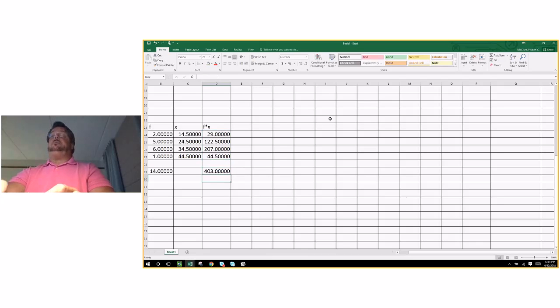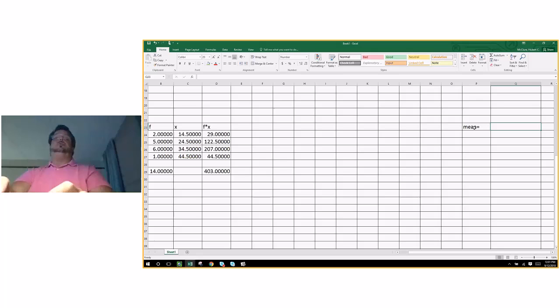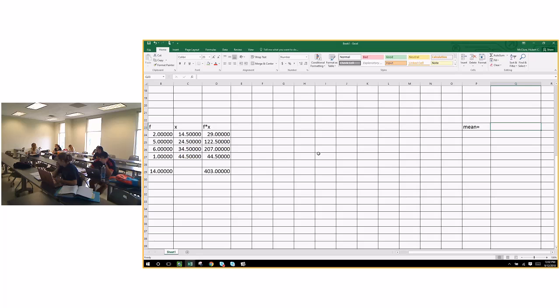So I'm going to go over here and say the mean is equal to what over what? That means I want y'all to answer me. The mean is the sum divided by the n.